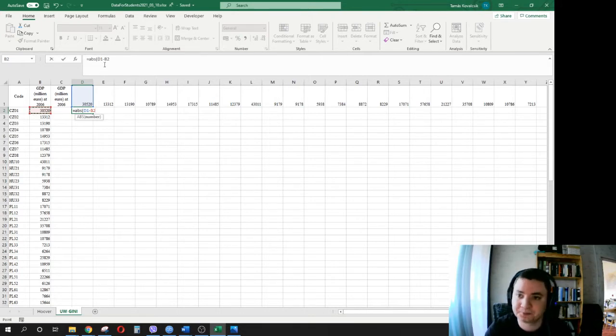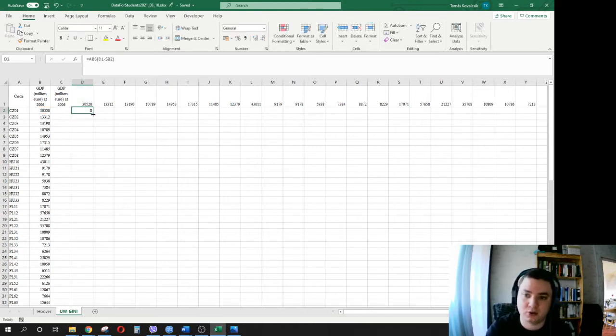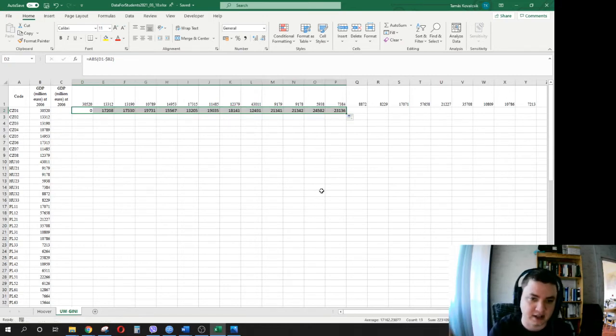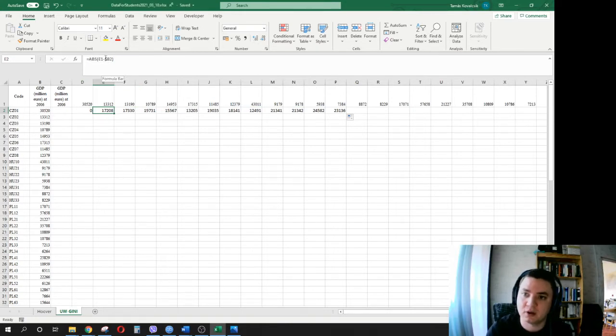For example, we have to fix the B. If you just type the dollar sign before the B, this fixes just the column, and if you grab it for the other cells on the right hand side, the B is fixed.